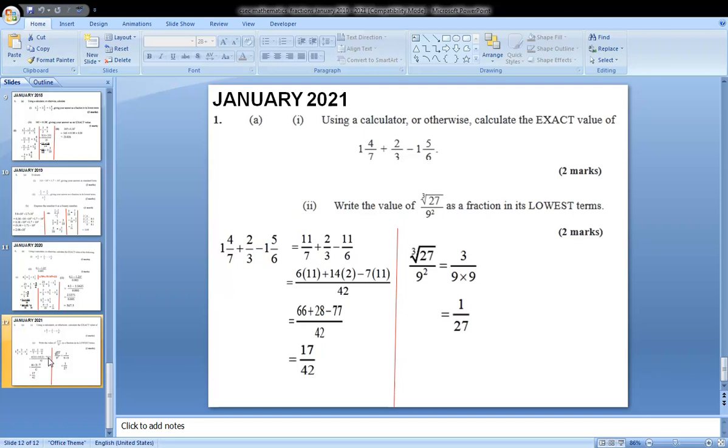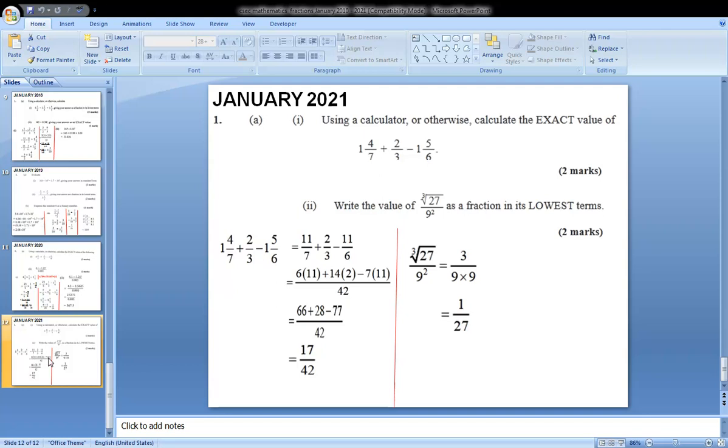Oh, no. What I did, sorry, was to subtract the 28 from the 77, and then what we got, we would have subtracted that from 66 because we would have gotten a negative number. So when you work that out, we get 17 over 42.